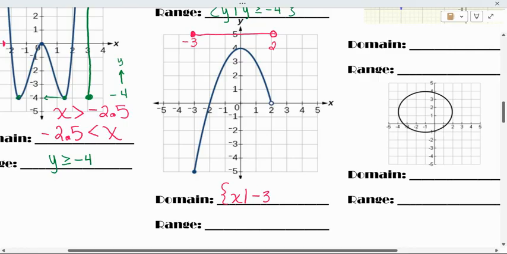Because it's a closed circle, am I going to use less than or less than or equal to? Less than or equal to. Good job, Isaac. Less than or equal to all of the x values, all of the domain, which is open circle, less than 2.